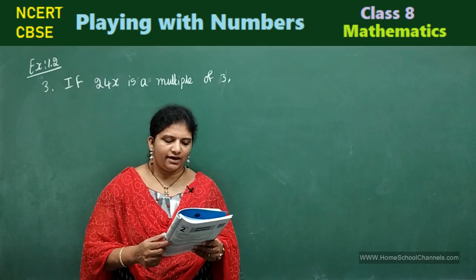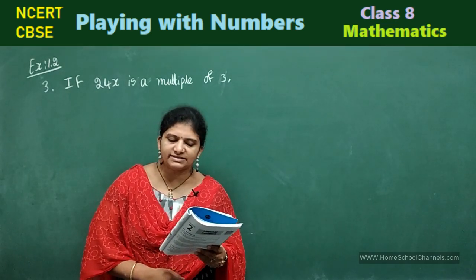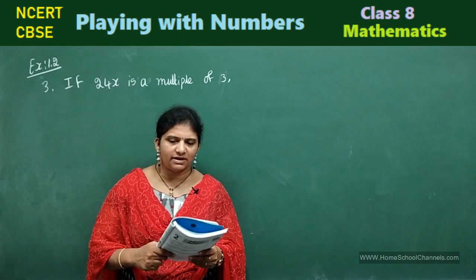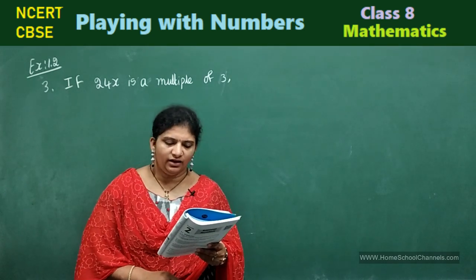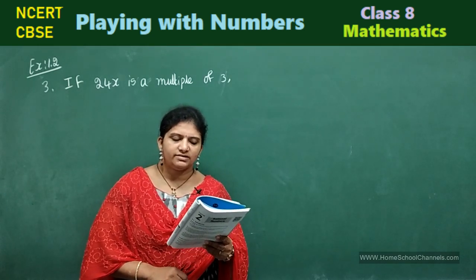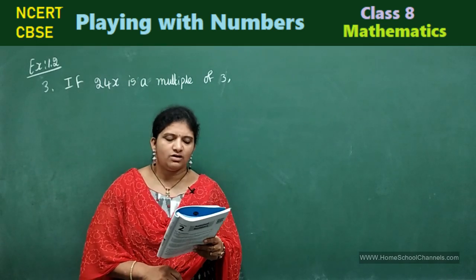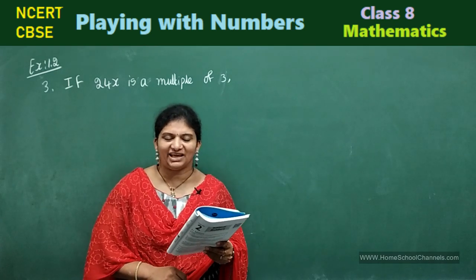Third one, if 24x is a multiple of 3, where x is a digit, what is the value of x? And you have something in brackets. Since 24x is a multiple of 3, its sum of digits 6 plus x is a multiple of 3, so 6 plus x is one of these numbers: 0, 3, 6, 9, 12, 15, 18.